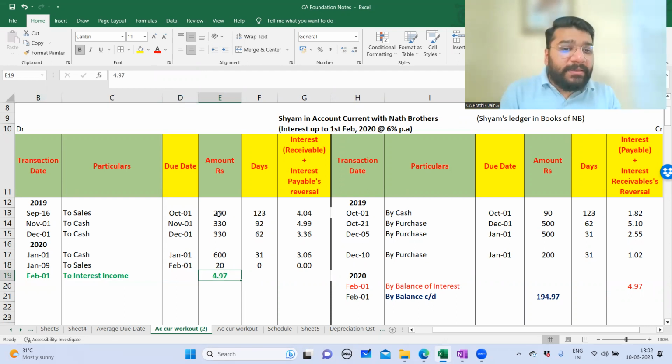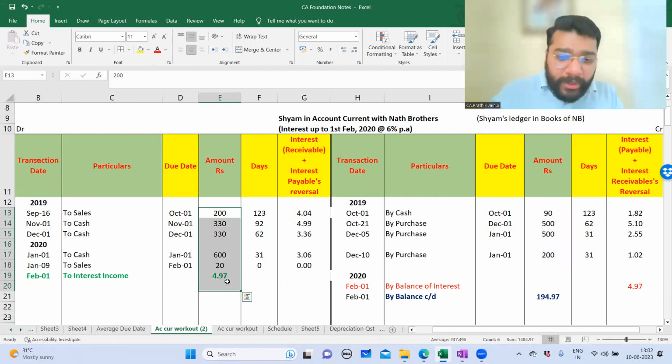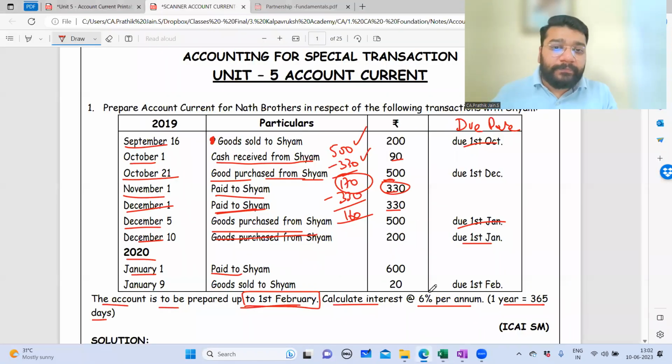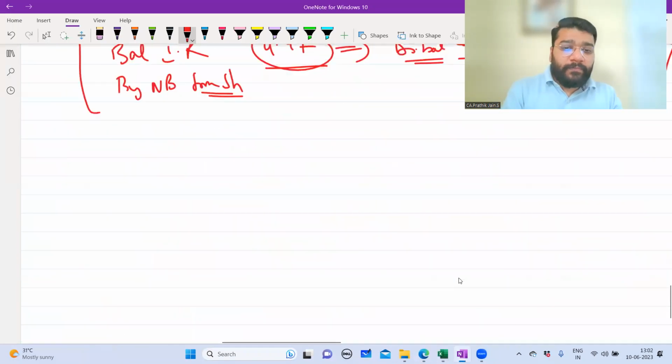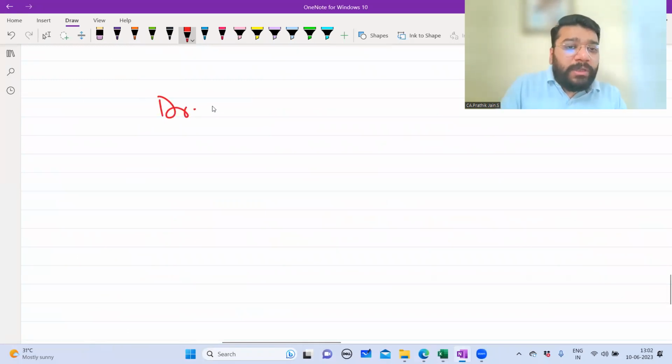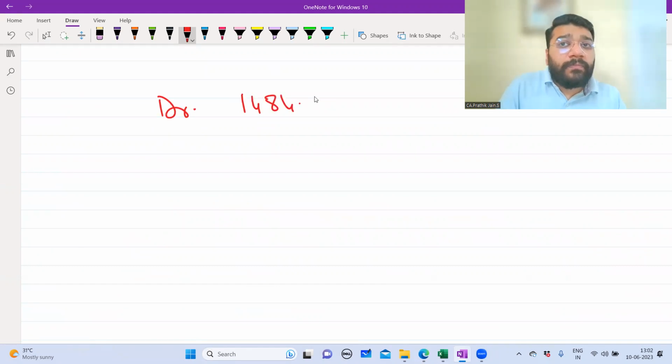So now tell me guys, total of debit side, is it more or total of credit side is more? Total of debit means 200 plus 330 plus 330 plus 600 plus 20 plus 4.97. Please tell me the total. Debit side total is how much? Okay.